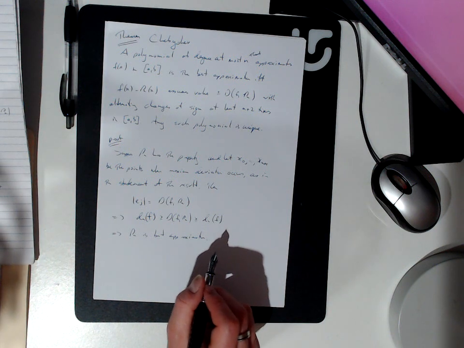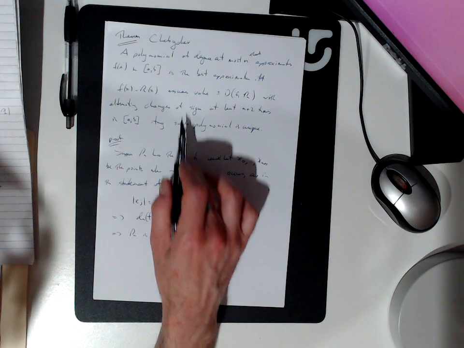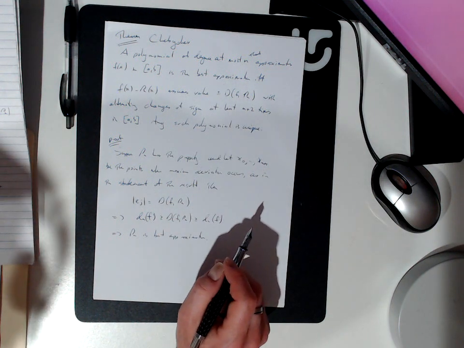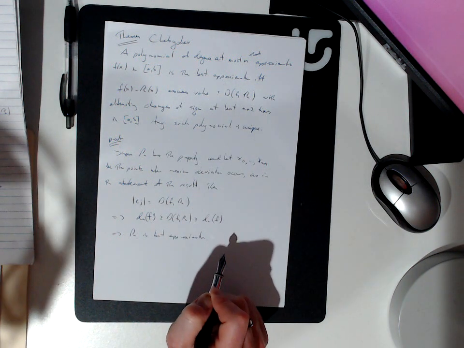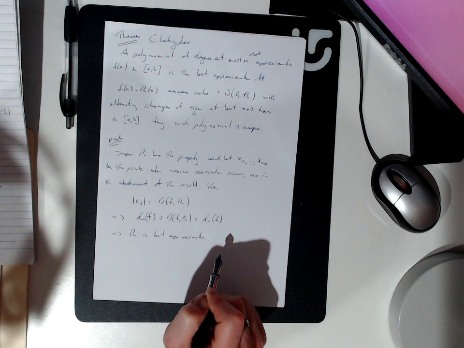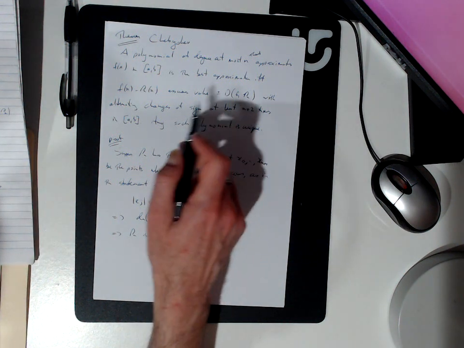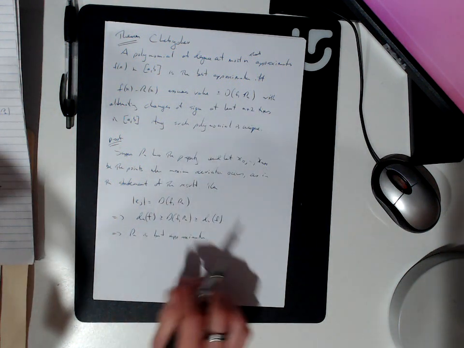So now we need to prove the other direction. We're going to assume that it is the best approximation, and we're going to show that it has this property, which is how we're going to do it.